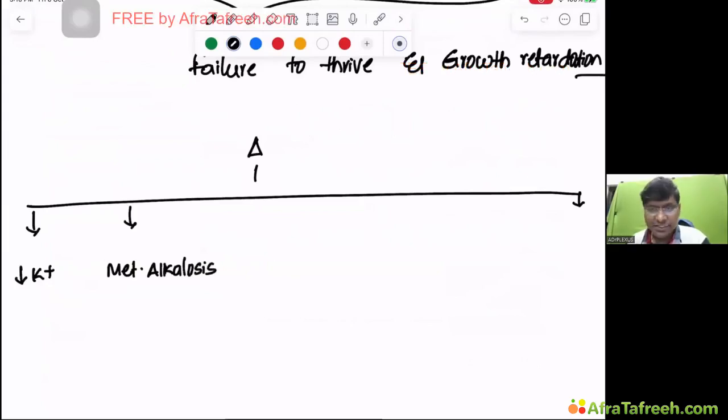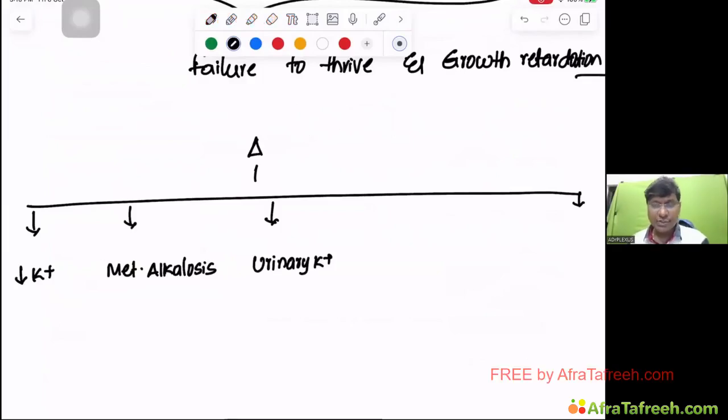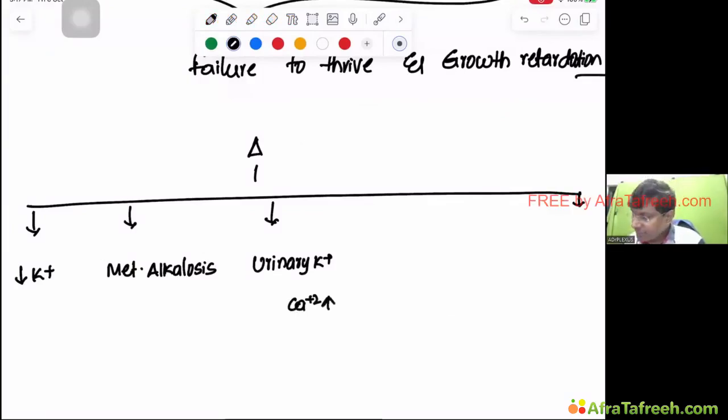Then blood pressure will be normal. But what will happen to urinary potassium? Increased, because there is aldosterone production in excess quantity. Calcium increased because the electrochemical gradient is impaired. And urinary sodium is also elevated because your sodium potassium 2 chloride channels are defective.